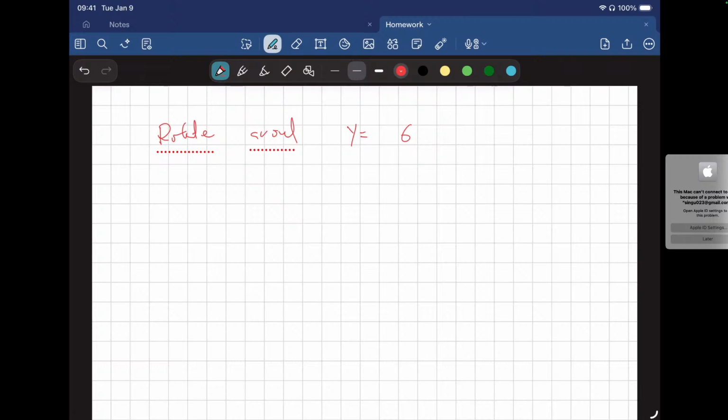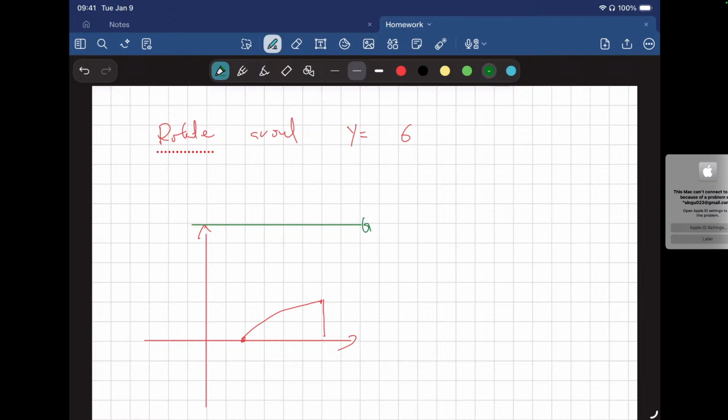Is it rotating around x minus 13? Y equal to 6. Then you do down, you do from the rotation. So yes.